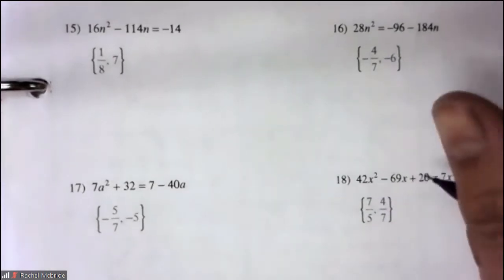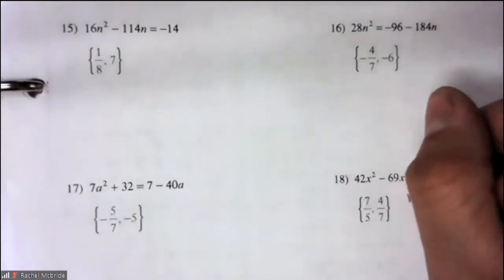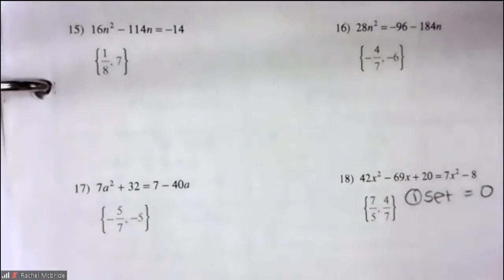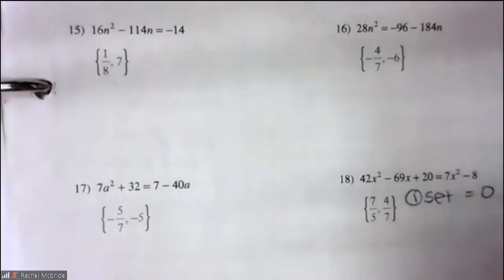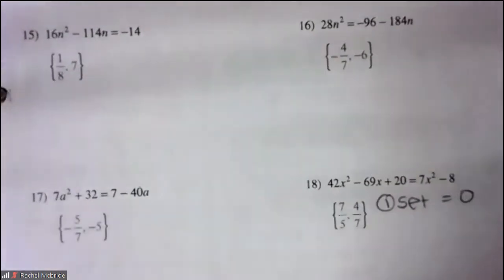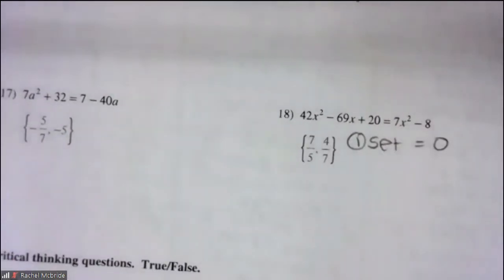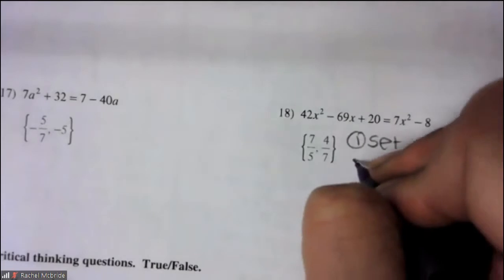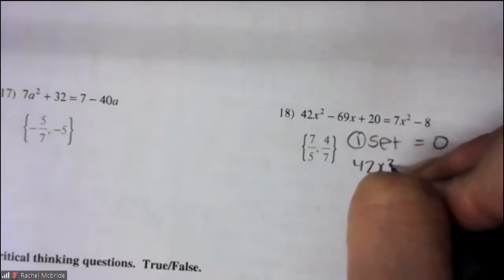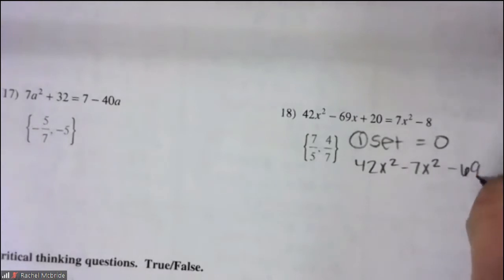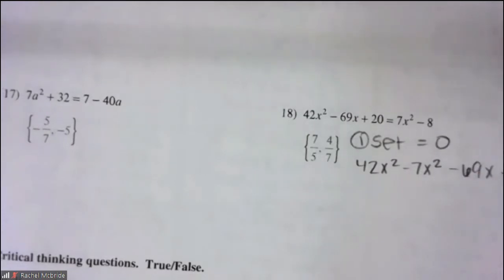What you should do in 18 is the first step when solving: make sure it gets set equal to 0. The only way to set 18 equal to 0 is to move over that 7x squared and that -8x. So it would be 42x squared minus 7x squared minus 69x plus 20 plus 8 equals 0.